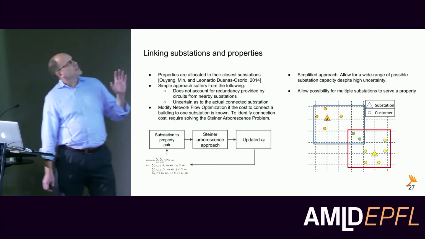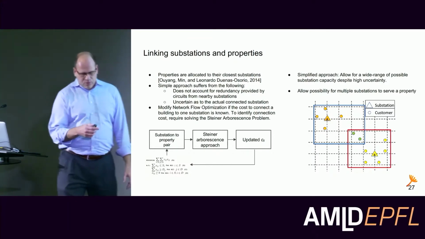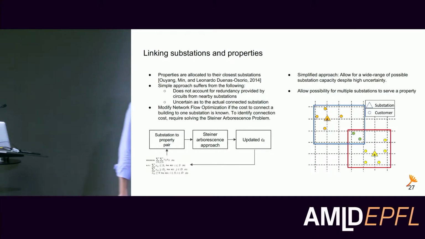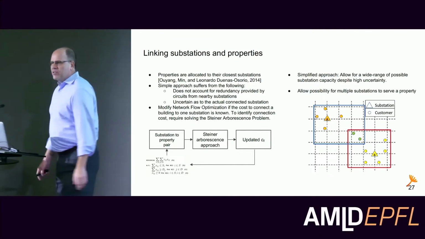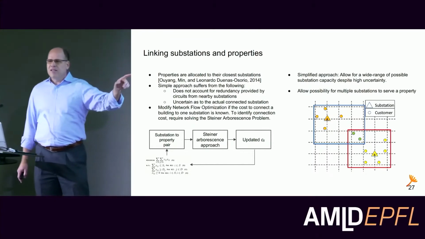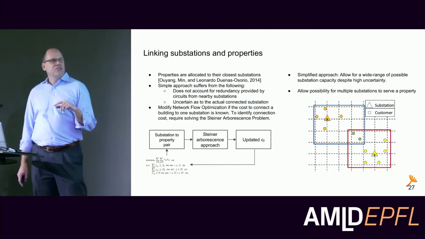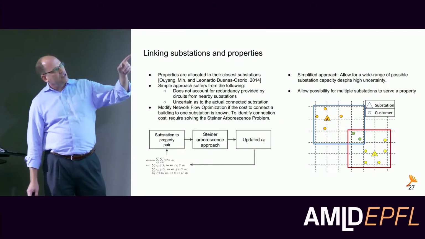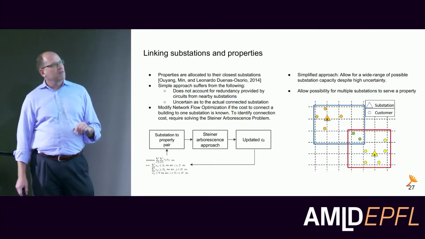Now, the thing that's interesting is we want to link the substations back to the properties, and this is an important component right here. One of the things that we're doing is we're going to infer whether a building can be served by more than one substation. Now, unfortunately, we don't have a lot of ground truth data here. So this is a probabilistic model that goes into the synthetic data generation. So you might know, for example, that substation A feeds this upper green dot, which is one of the customers.